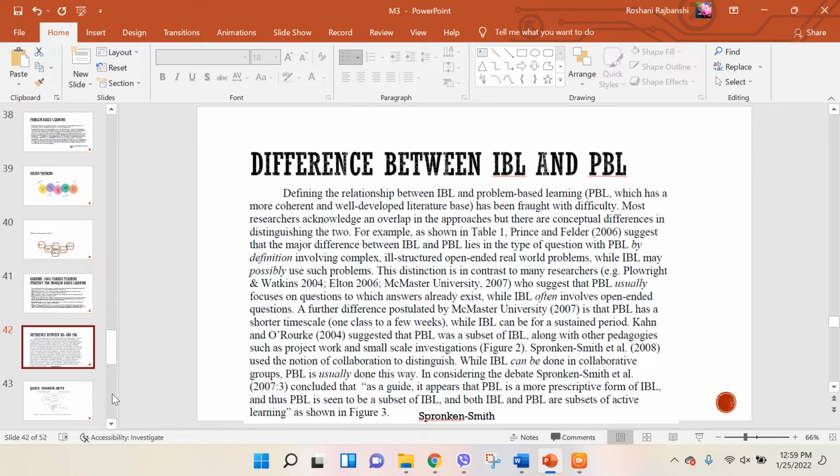In considering the debate, Sprunken concluded that as a guide, it appears that PBL is a more prescriptive form of IBL, and thus PBL is seen as a subset of IBL, and both IBL and PBL are subsets of active learning, as shown in the figure.